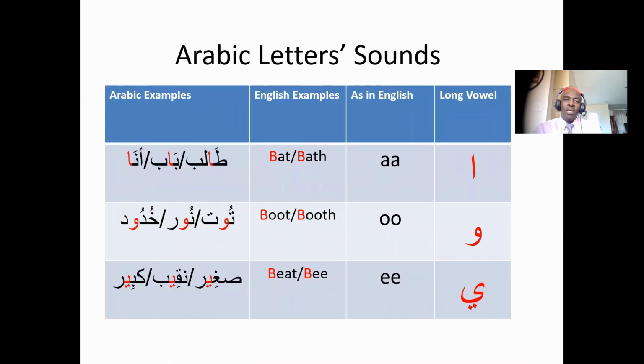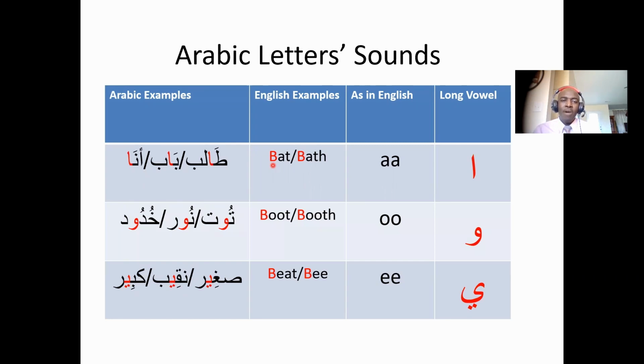Okay, here are some examples from English letter sounds. The English letter sounds are determined by the vowels that come after the letter. For instance, the letter B here, we pronounce it as ba, bat, and the second one, bath.